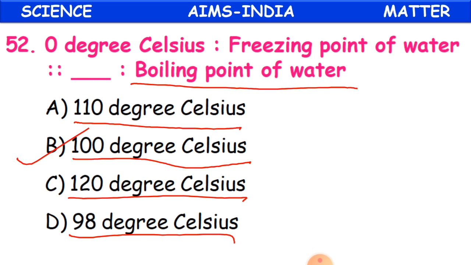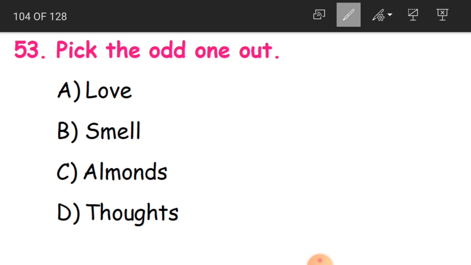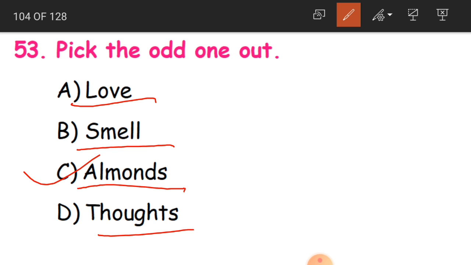Clear, children? Now the next one: pick the odd one out. Here you have 4 options, children. From this you have to pick the odd one out. Love, smell, almonds and thoughts. What is the odd one which is different from the other 3? Nothing but almonds.